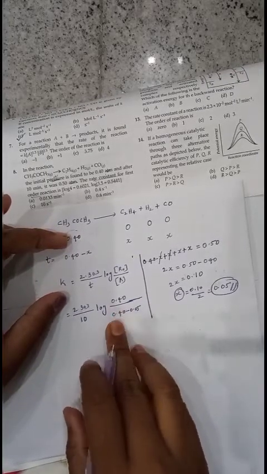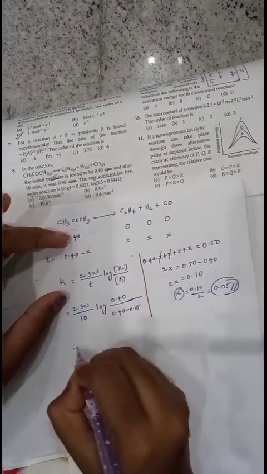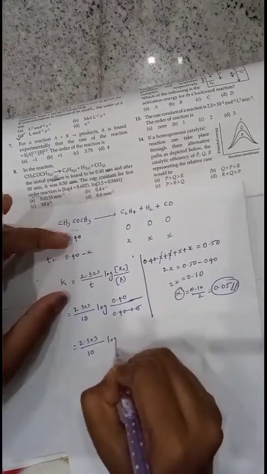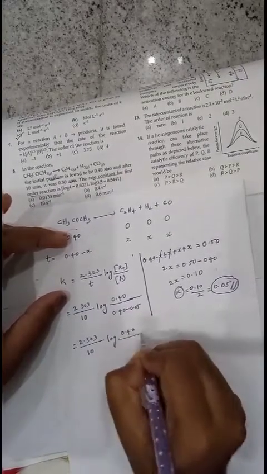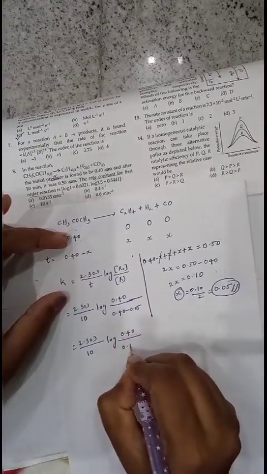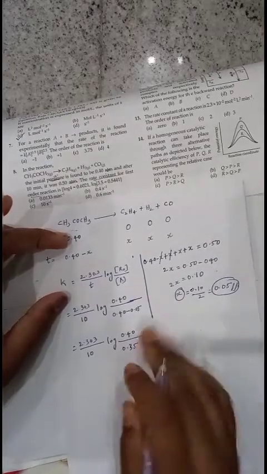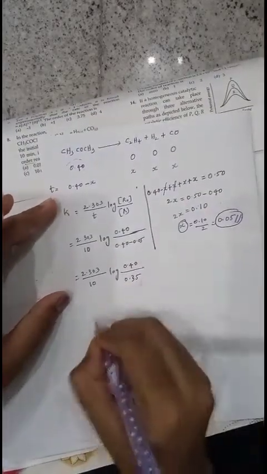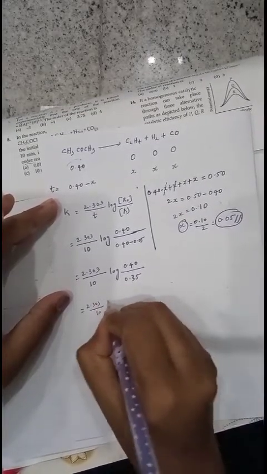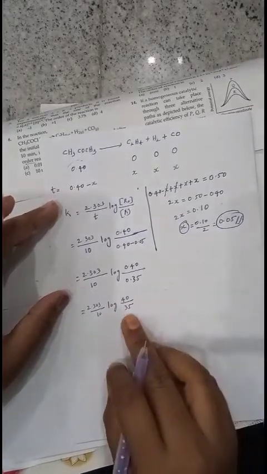Now keep this aside and make this calculation: 2.303 by 10 log 0.40 by 0.35. It is 0.35. You may also write this as 2.303 by 10 log 40 by 35. We will also write like this.